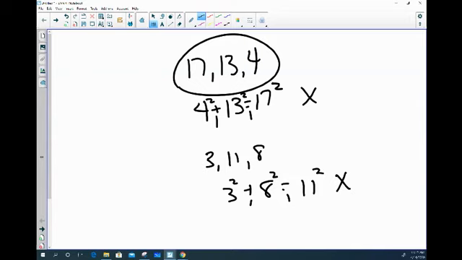Remember, order smallest to greatest. Then we simply square all numbers.